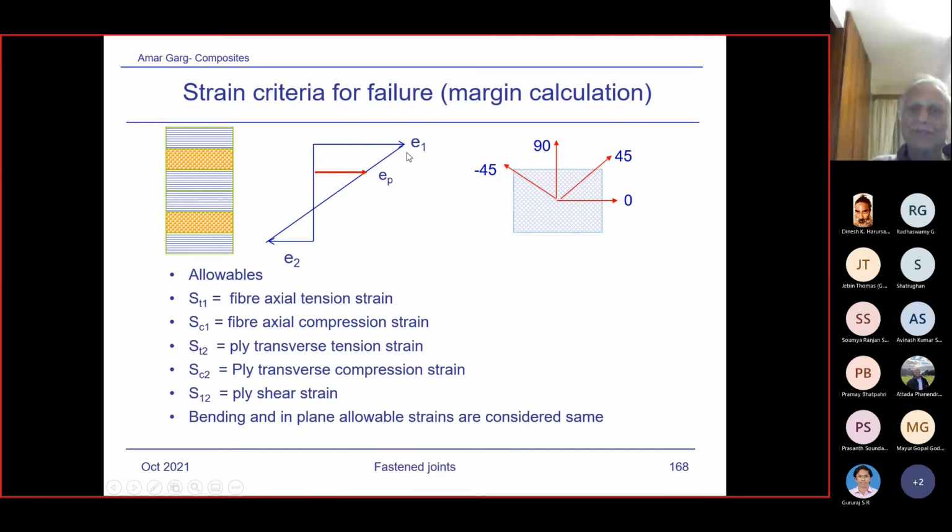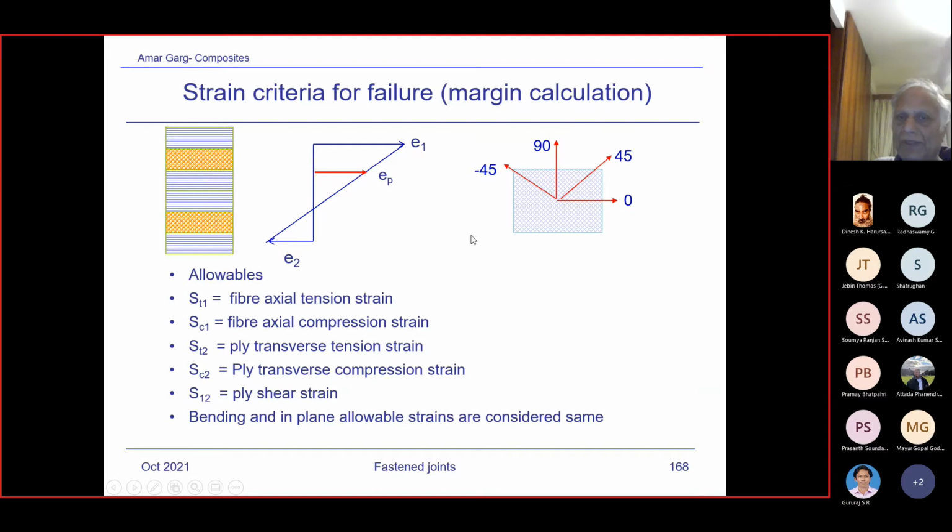So what happens in the analysis, you may have a bending strain and the mid-ply strain. Suppose the bending plus mid-ply strain, so total strain here, is higher than over here.